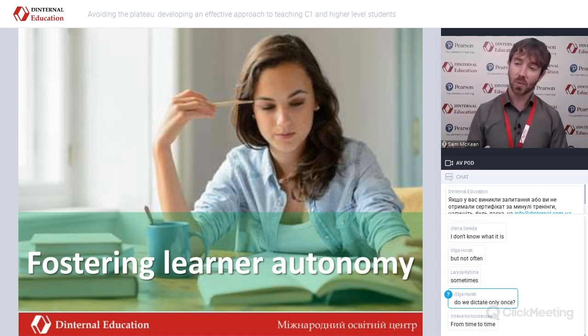That's why a very important aspect of teaching higher level students is fostering learner autonomy. So by learner autonomy, I mean the ability of students to work more independently to continue to develop their knowledge and skills outside of class.